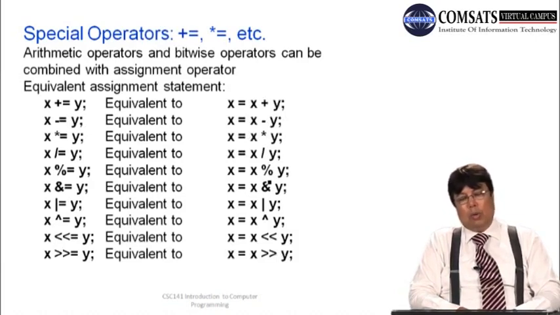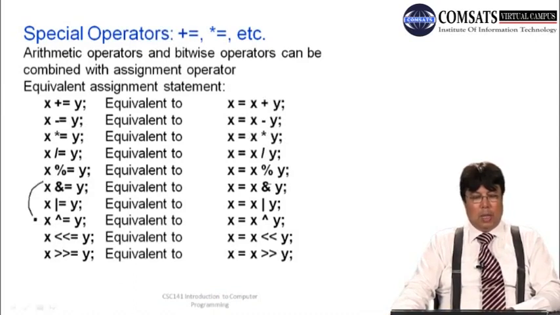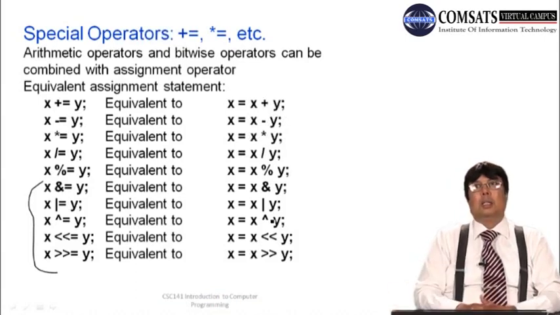Okay, x modulo y we can use as x modulo equal y. The remaining, since I have not taught you the bitwise operators, I will come back to these concepts later on.